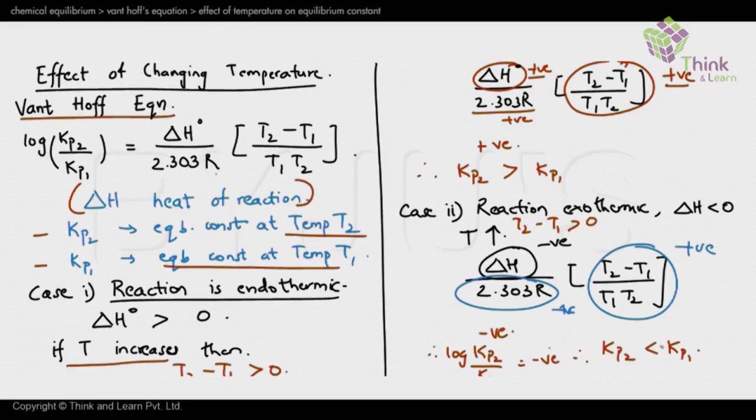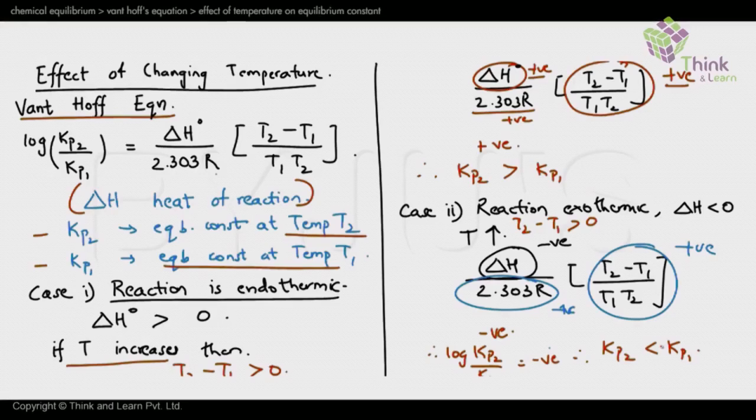Next, let us study the case where the reaction is exothermic. Now in this case, delta H is less than 0. Let's now examine if temperature is increasing. So T2 minus T1 is greater than 0.